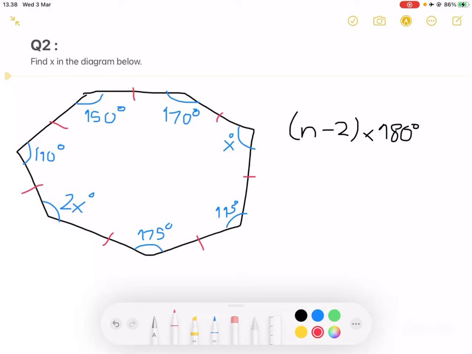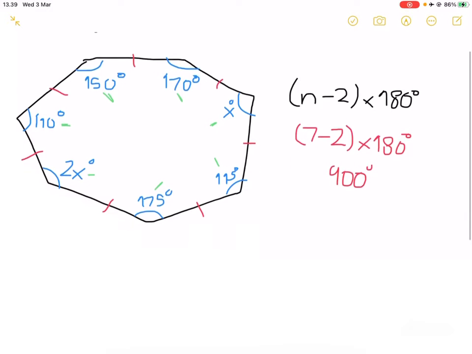So that means the sum of all interior angles in this polygon must be equal to 900 degrees. And what I mean by sum of all interior angles, I mean the sum of each of these angles right here. So we can indeed form an equation in terms of x like so.